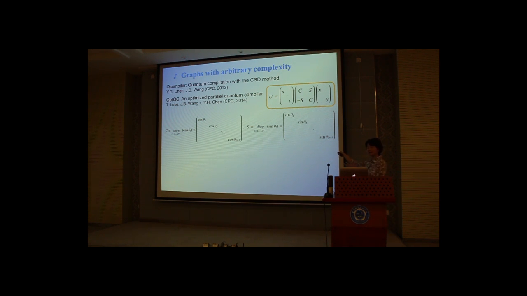You apply the CSD to this block again and again and again until every block has this structure. And those two papers have an optimization procedure to make sure we get as small a number of gates as possible. And this is an 8x8 unitary matrix.